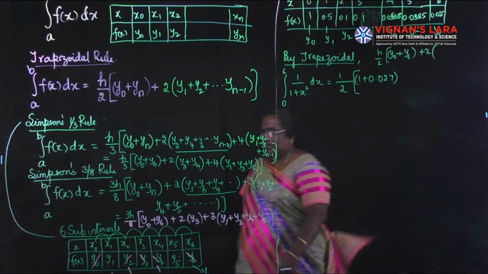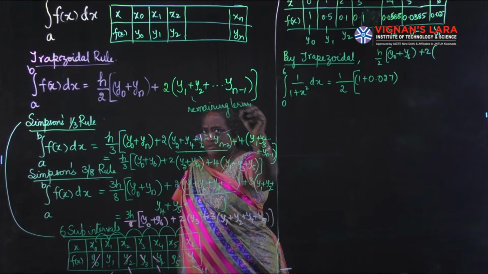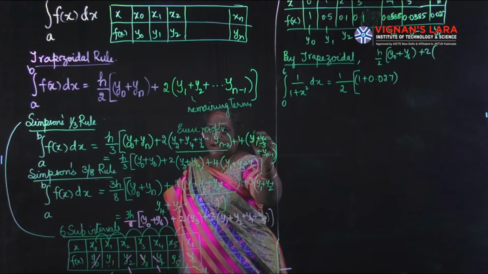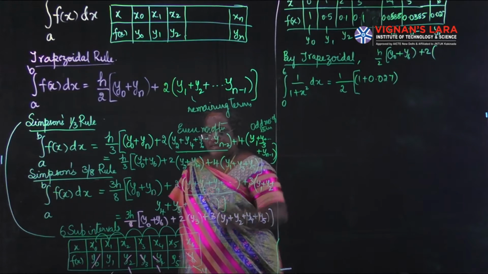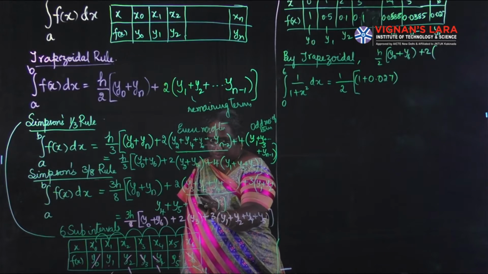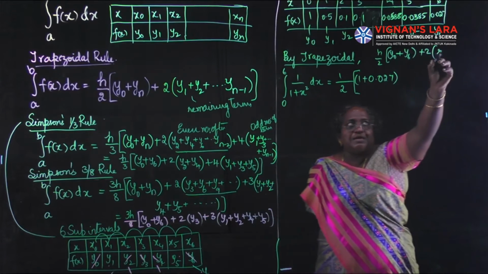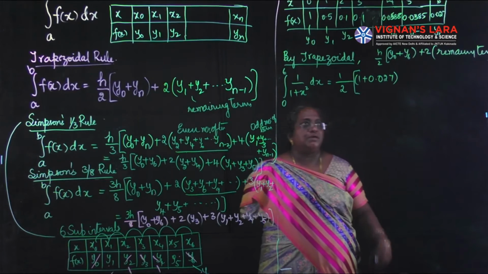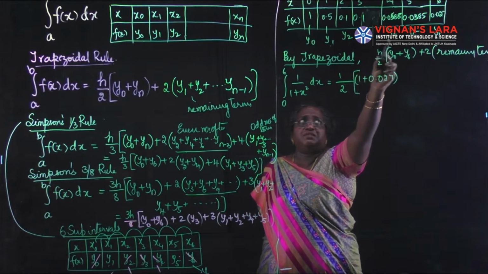Here we can also split this as 2 times even terms and odd terms, or 2 times multiples of 6 plus remaining terms; we can write it that way as well. So what are the remaining terms here? y0 and y6 we have already written. The remaining terms are y1, y2, y3, y4, y5.